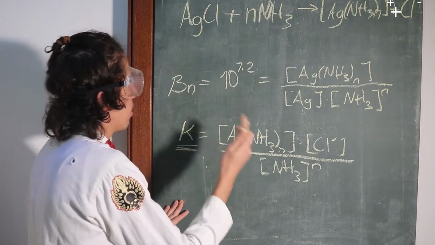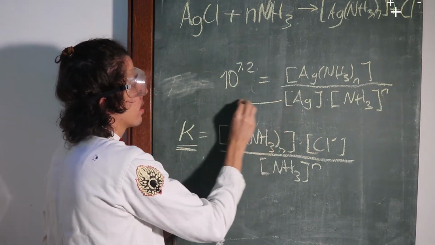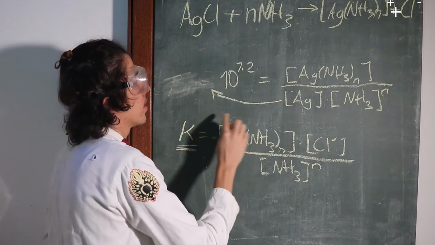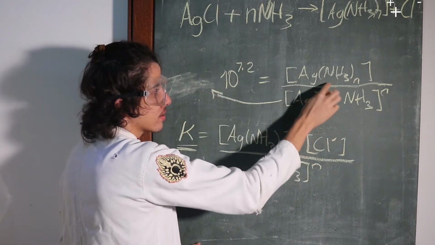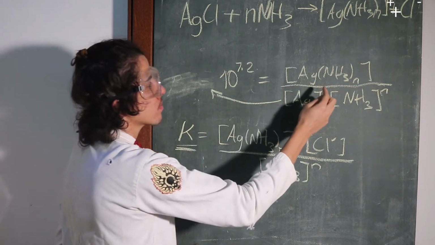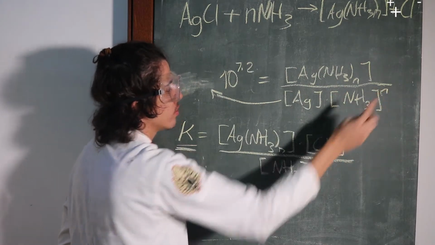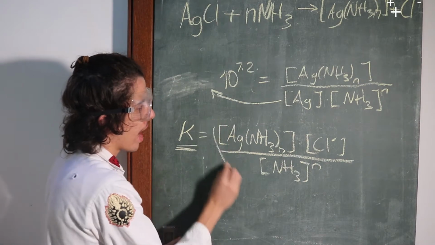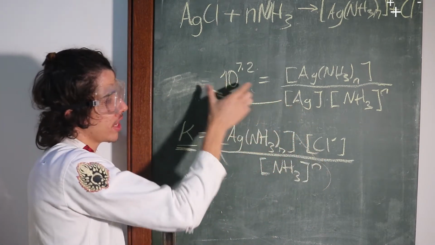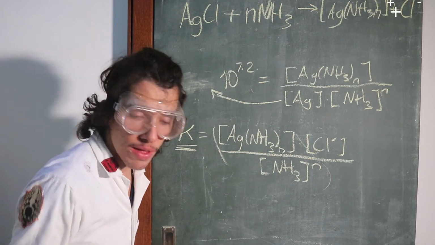One thing we can do is take this silver concentration and plug it here, and have this ratio between the concentration of the complex over the concentration of ammonia to the nth power, which we also have here. So we can exchange this information and maybe we can find our equilibrium constant.